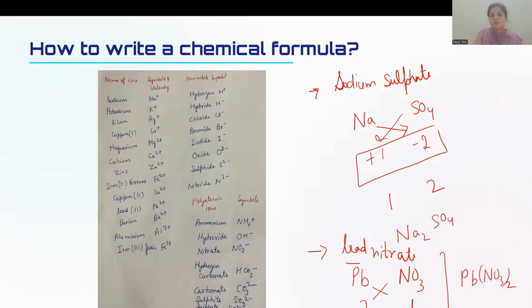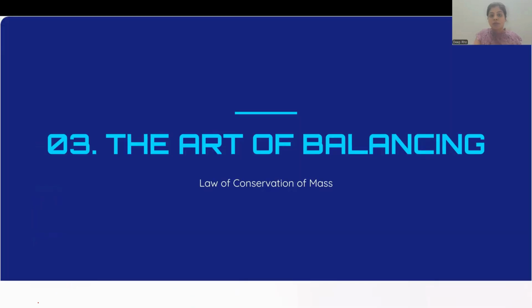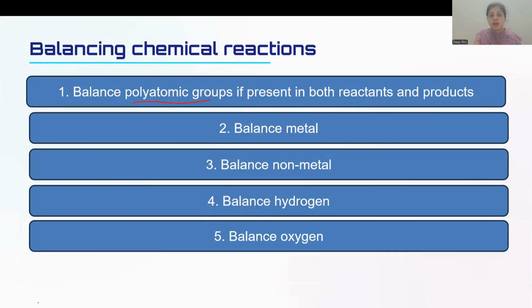Here I have provided you polyatomic ions: ammonium ion, hydroxide, nitrate, hydrogen carbonate. They all have charges. Once you know the polyatomic ions, you have to balance them if they are present on both the reactant and product side.